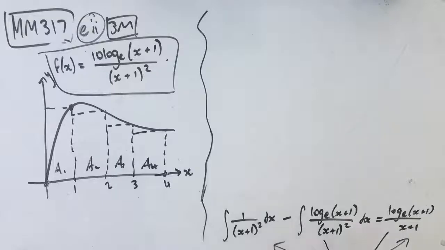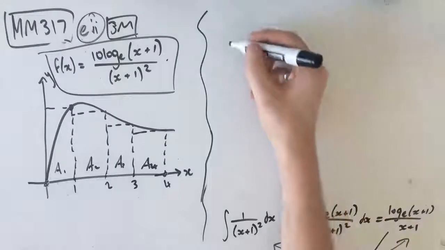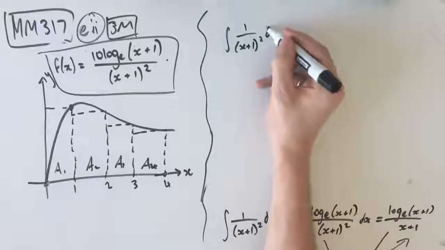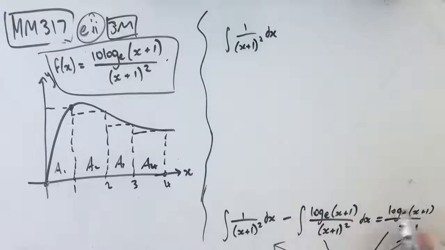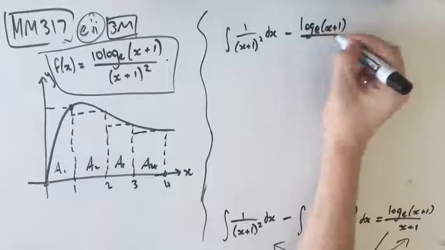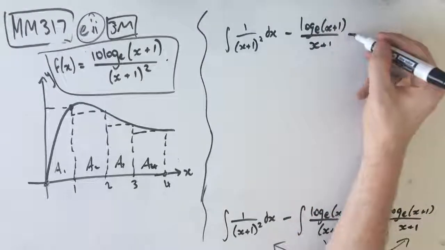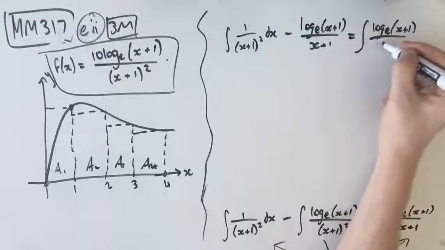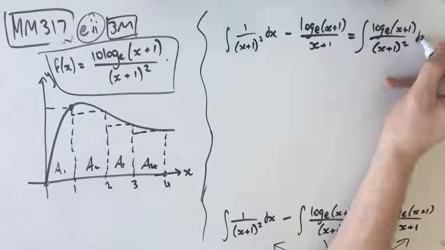So what I'm going to get is the antiderivative of 1 over x plus 1 squared dx minus log e of x plus 1 over x plus 1 equals the integral of log e of x plus 1 over x plus 1 squared dx.